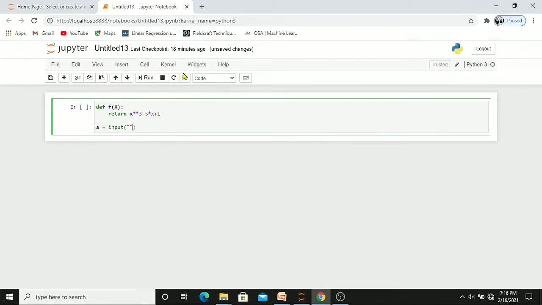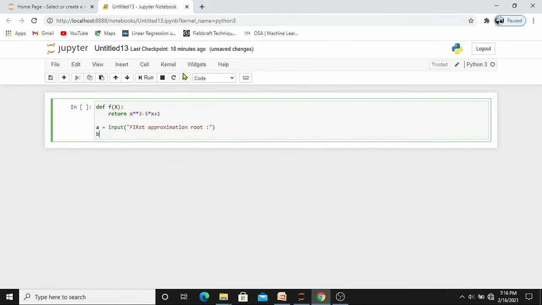And what I want is the first approximation root. Okay, you can write: enter the first approximation root. Similarly, I want the value of b, right? So again in a similar process, that is input, the second approximation root.